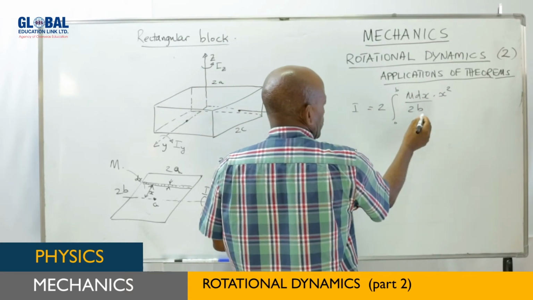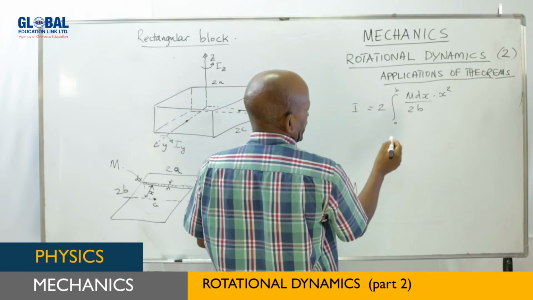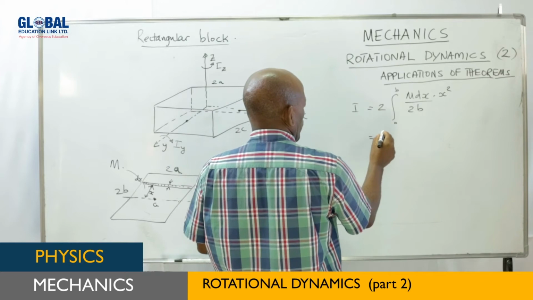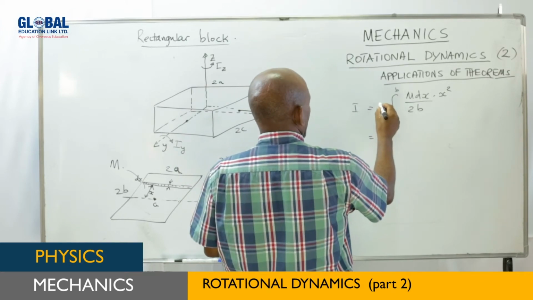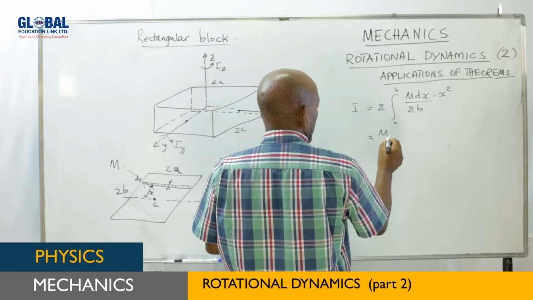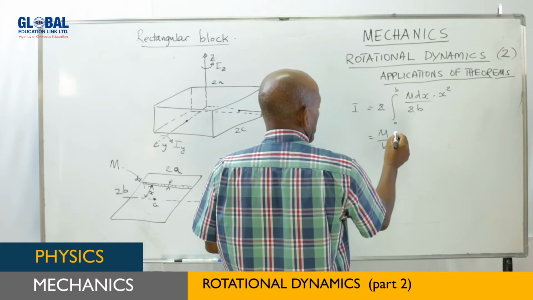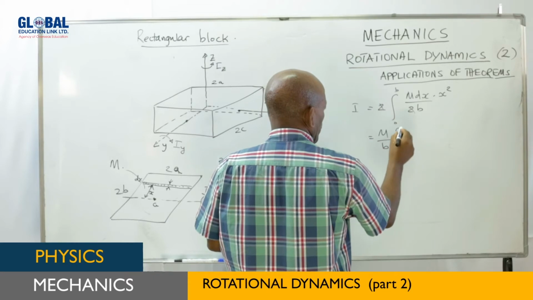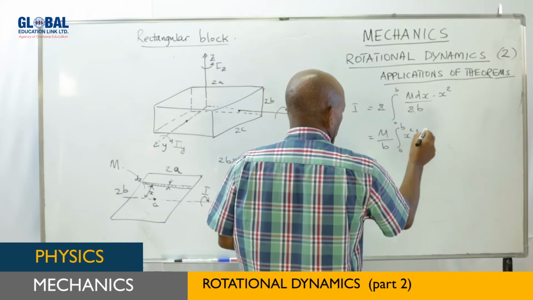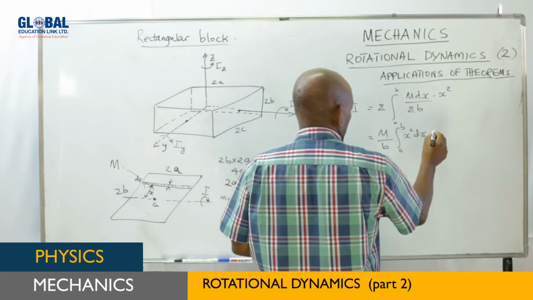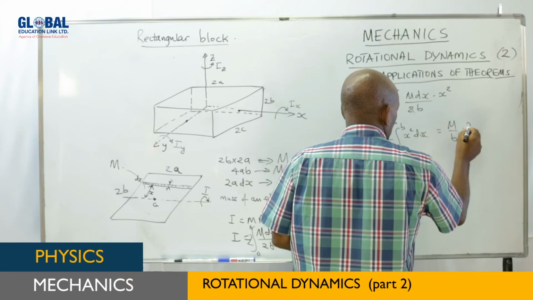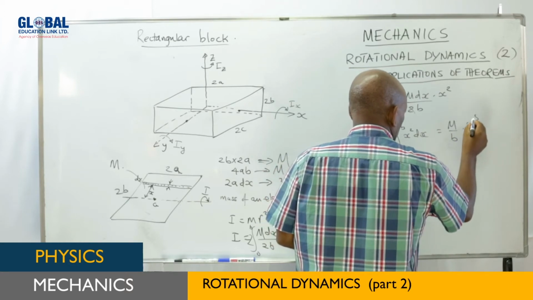But m and 2b are constants and can be taken outside, so the 2 and 2 will cancel, and we remain with m over b times the integral from 0 to b of x squared dx. This gives m over b times x to the power 3 over 3.